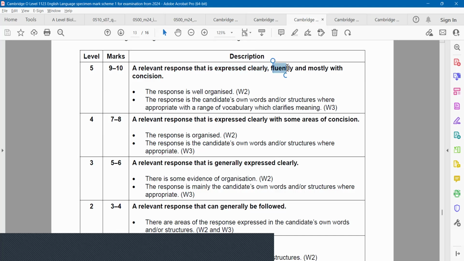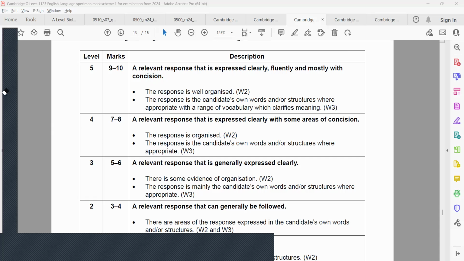Okay, it's fluent, right? So there's a flow, there's good vocabulary, and mostly with concision, right? So again, to the point, no unnecessary details. It's well organized. Okay, you're not just throwing the points together. And also when they say well organized, right?